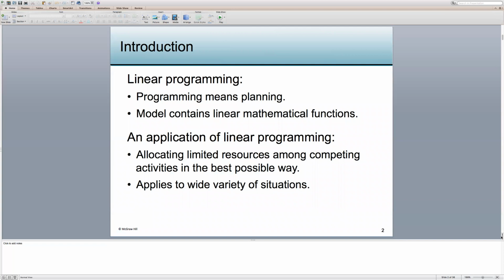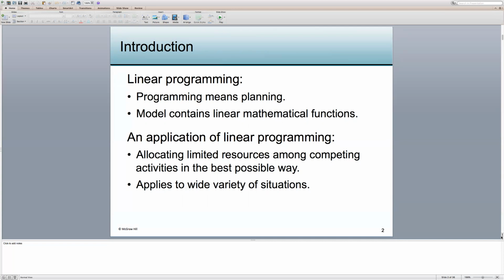So in linear programming, the idea is that this is a practical subject. You have some resources that you can use in different ways, and the goal is to optimize the use of the resources. What does optimization mean? Well, it depends what it is you're trying to do.